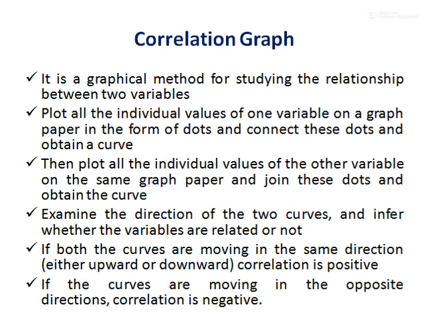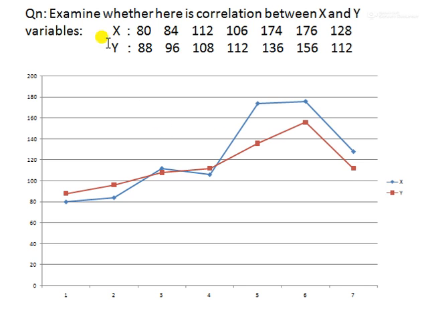And if the curves are moving in the opposite direction, then there is a negative correlation between the variables. Then let us see a question. Examine whether there is correlation between x and y. We have to examine the correlation using the correlation graph here.